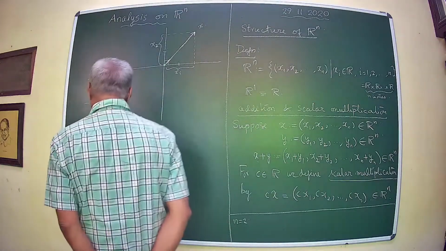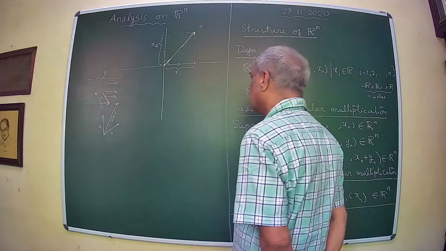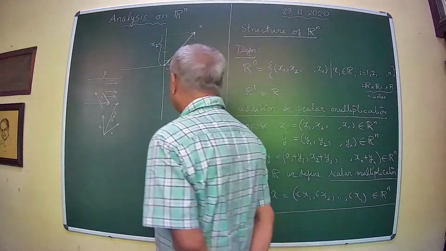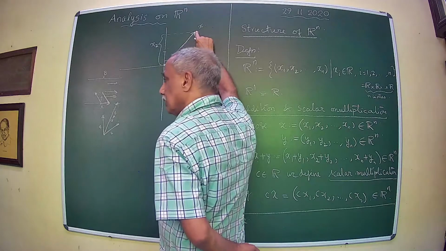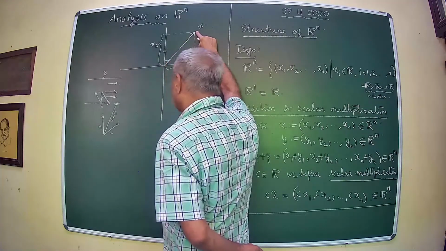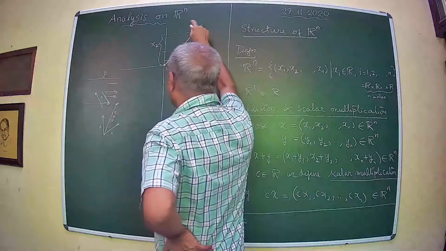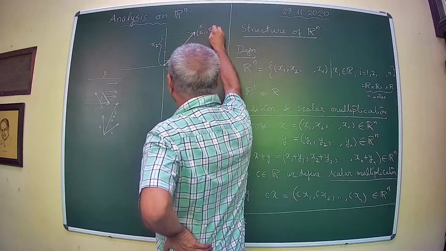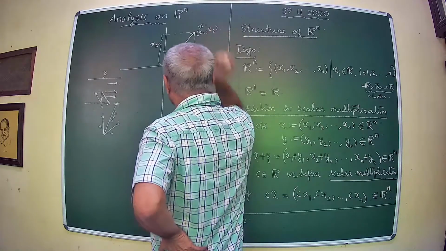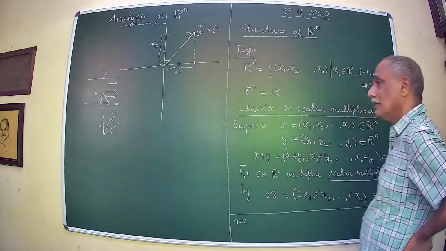Then of course, information already available from Euclidean geometry was made use of. The first step was identifying a vector with a point in the Euclidean plane, and it was identified with a pair of numbers x1, x2 in some order. Okay.